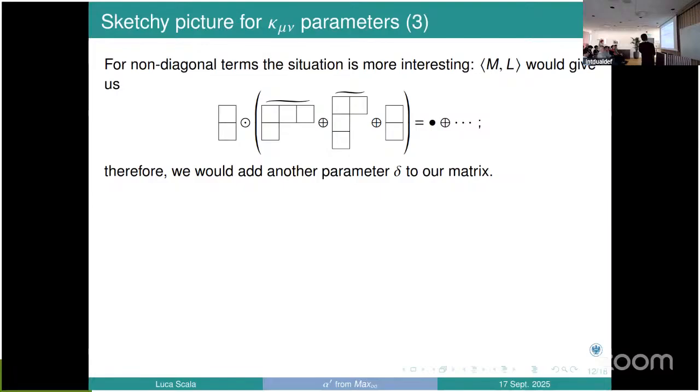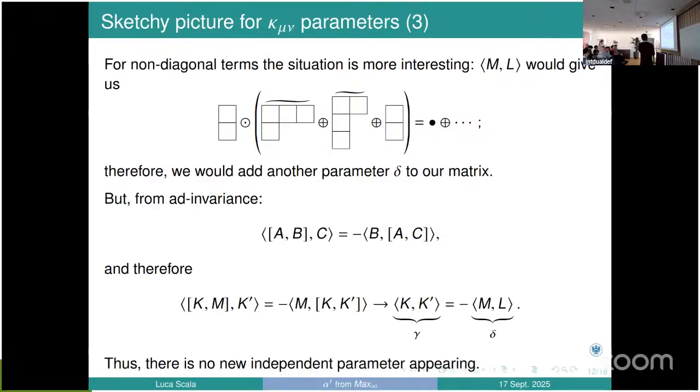And so in principle you say, okay, I should add another parameter delta to my family of possible parameters. But from AD invariance, you can write the following nice equation, where these are elements in this non-positive Poincare infinity algebra.